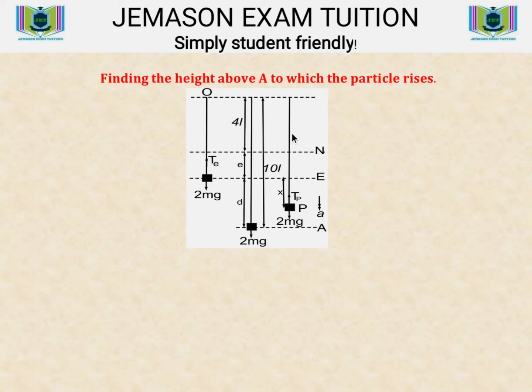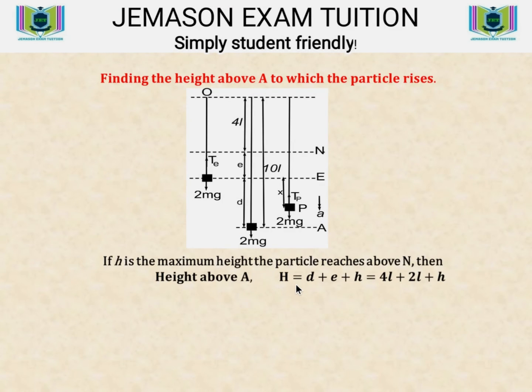So we need to calculate the maximum height that the particle will reach above N, and to do that we would also need to calculate the speed with which the particle reached N. And so we have to note that if h is the maximum height the particle reaches above N, then the height above A, which the question is asking, can be denoted H, and H is given by d, the distance from A to the equilibrium position, plus e, the equilibrium extension, and then that maximum height risen above N under the influence of gravity.